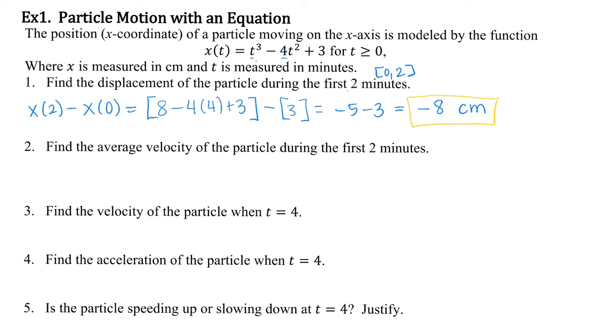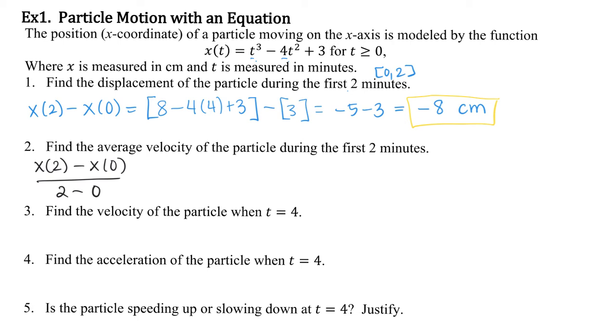Now what's the average velocity for the particle during the first 2 minutes? Average velocity is going to be the change in position over the change in time. The first 2 minutes is from 0 to 2, so x of 2 minus x of 0, over the change in time.